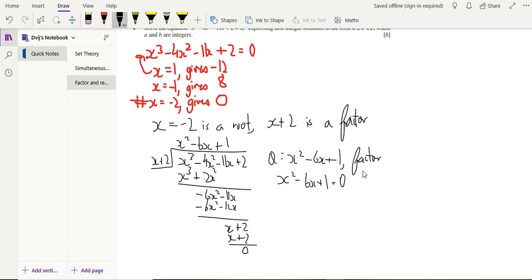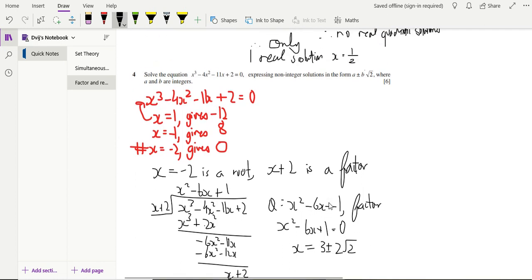If we say a is 1, b is negative 6, and c is also 1, my calculator gives me x is equal to 3 plus or minus 2 root 2. And you could just work this out using the quadratic formula, which is minus b plus or minus the square root of b squared minus 4ac over 2a, which is given to you in the formula booklet. And yeah, that's it.